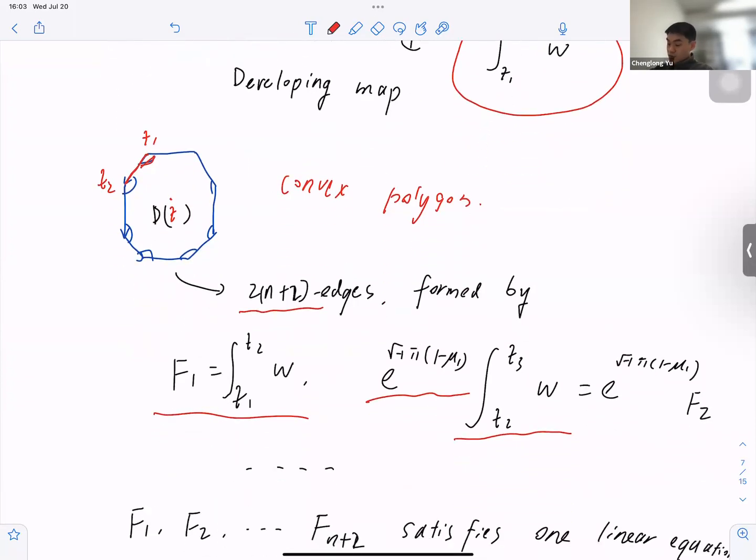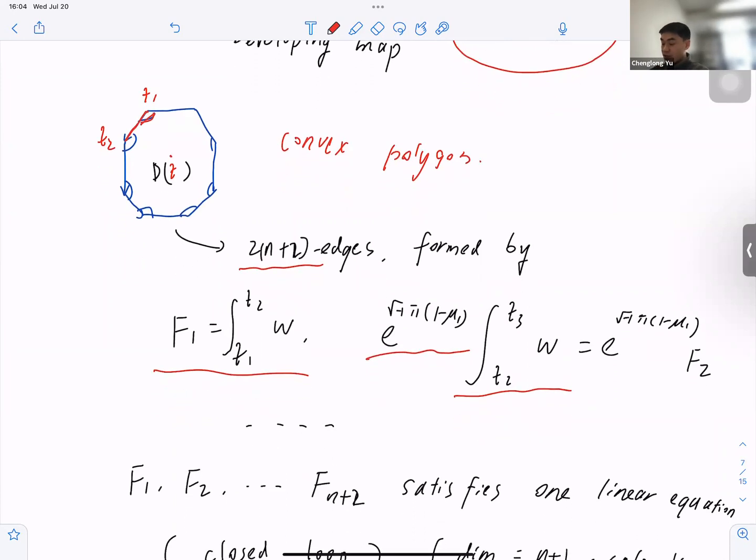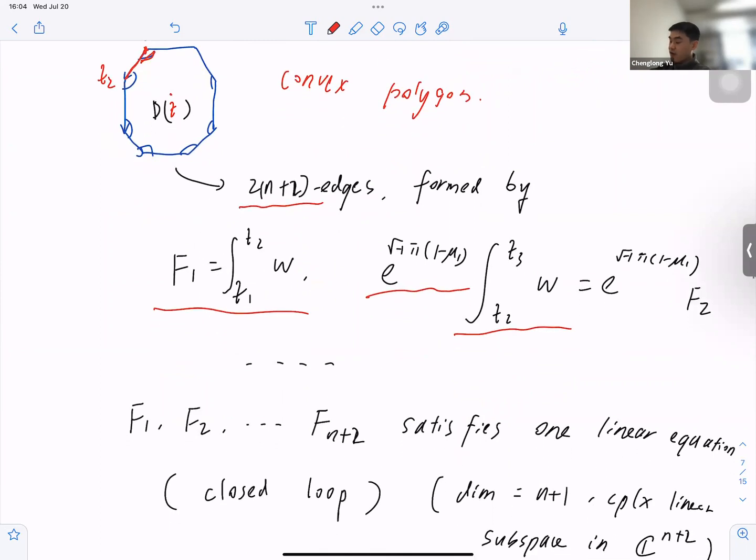You can accumulate those angles and form all these edges until it comes back to the original point. So the sum of these complex numbers will be 0, since it forms a closed loop. So it will satisfy one linear relation.